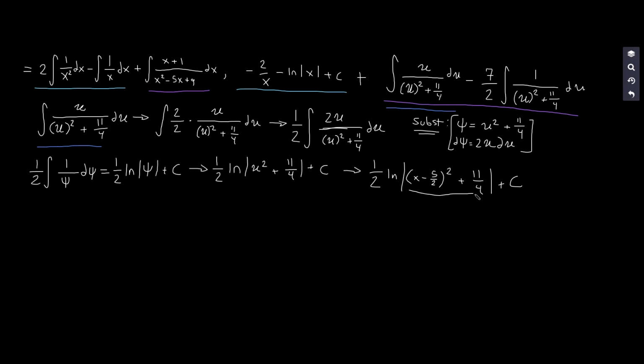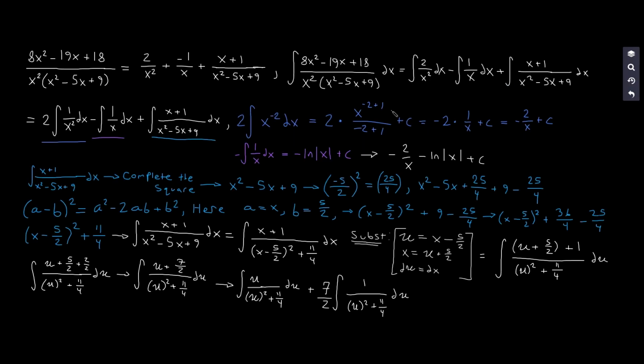Do you remember earlier, this is what we used to complete the square: x minus 5 halves quantity squared plus 11 over 4. This is what we had gotten originally from this expression here. So I can just put it back into this form.